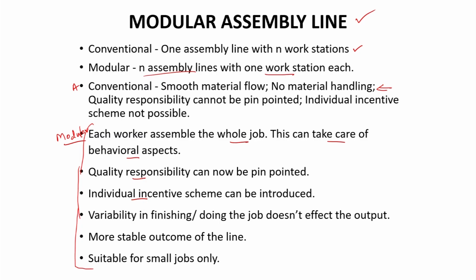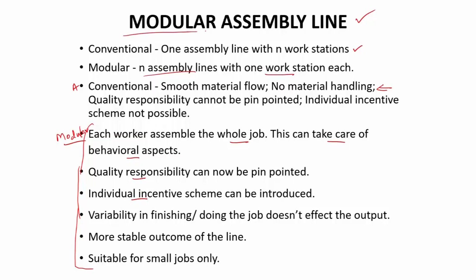Further, we talked about certain remedial actions also in the form of job enlargement, job enrichment, as well as job rotation also. And we can also use the modular assembly line concept, but that is possible only for small jobs.